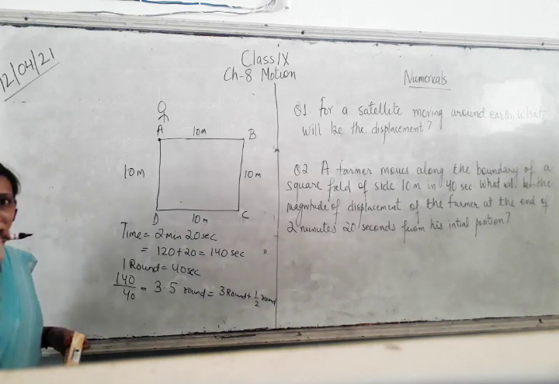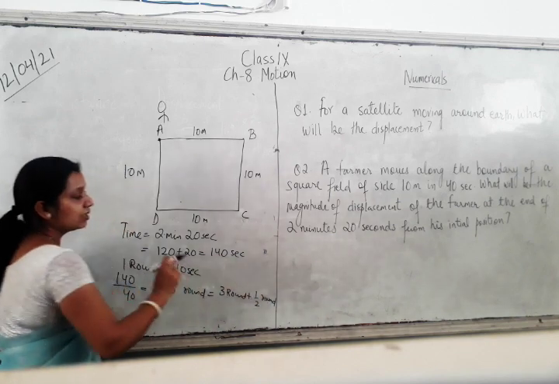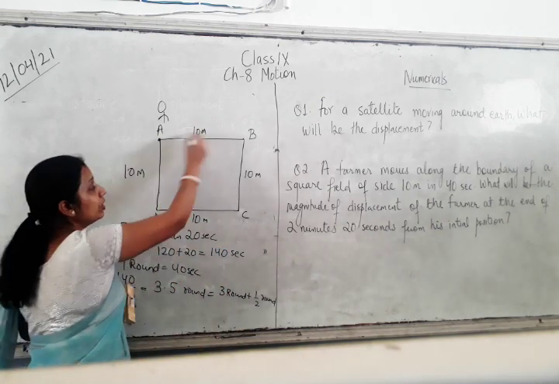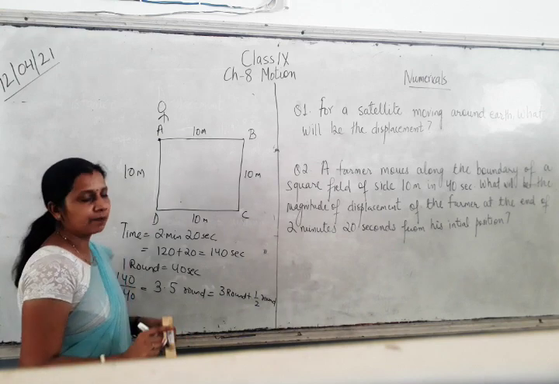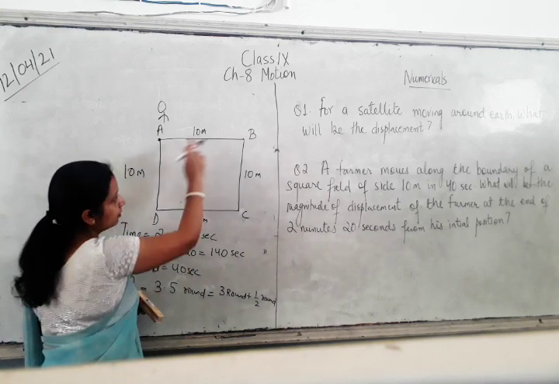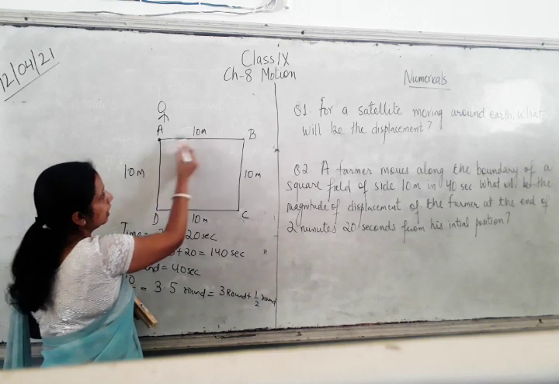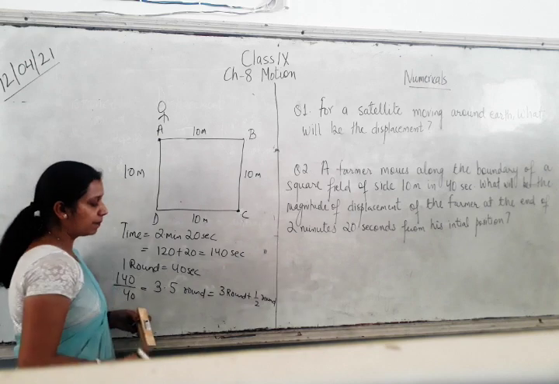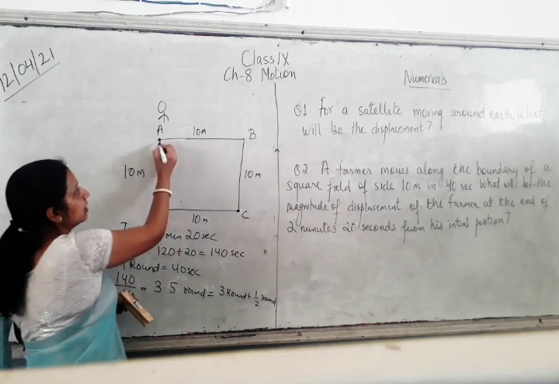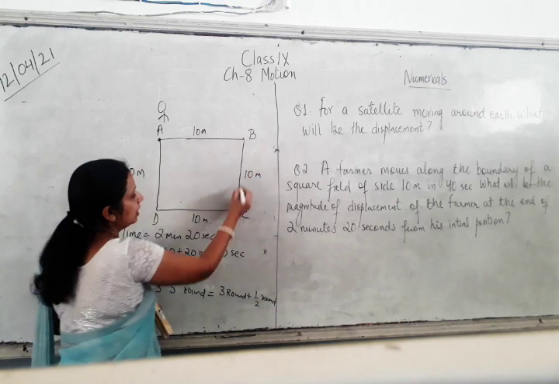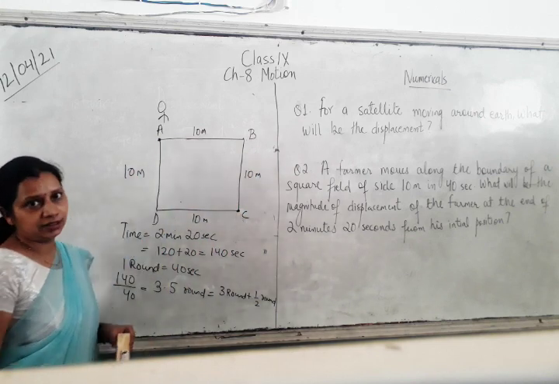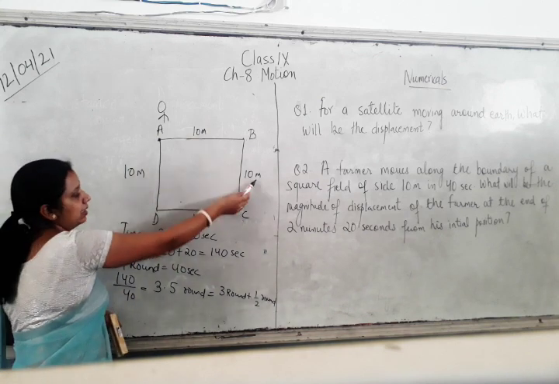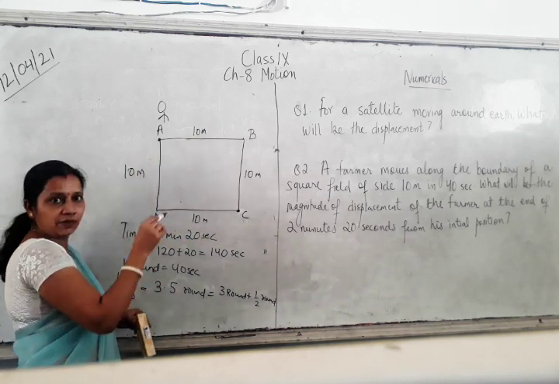Half a round here doesn't mean a circle. Round here simply means he's going along the boundary. So 3 rounds of this boundary, and half means A to B and then B to C. Complete means he will start from here, B, here, and he will come back to A. So total is 10 plus 10 plus 10 plus 10, 40, he will cover.